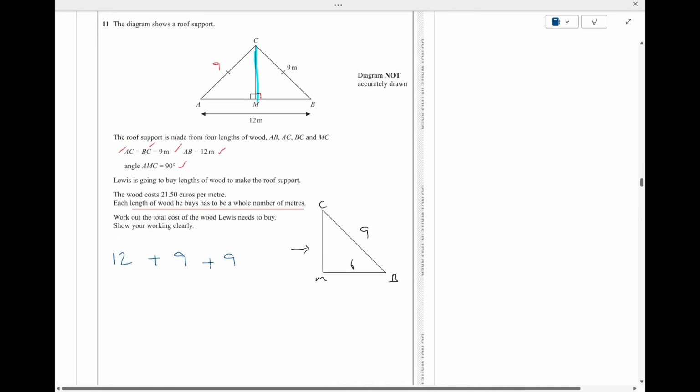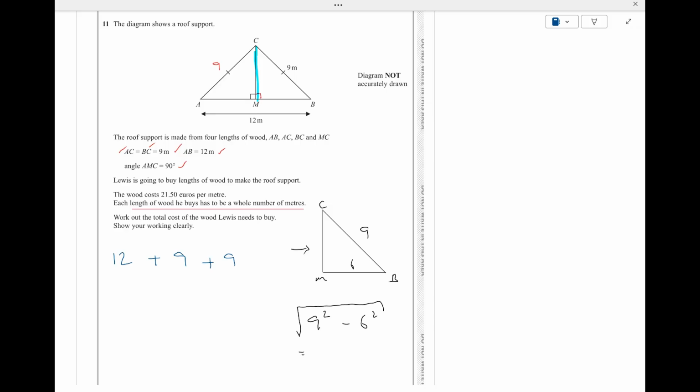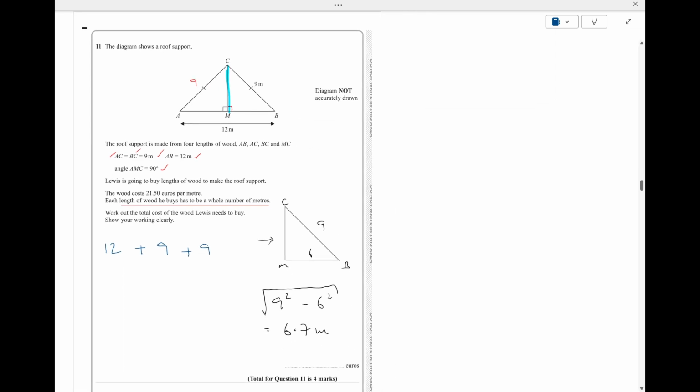So that's going to be 9 squared minus 6 squared, because I'm not finding the hypotenuse, I'm finding one of the shorter sides, square rooted. Let's work out how long that length of wood is going to be. Square root of 9 squared minus 6 squared. Well, that is 6.7 metres. So he's going to have to buy 7 metres for that, isn't he?